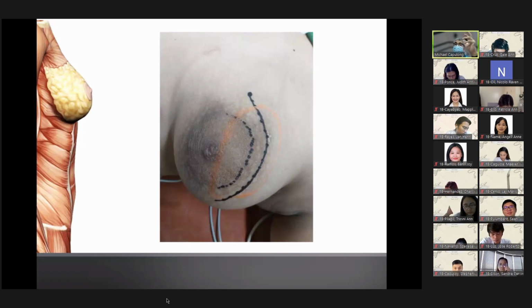And the glandular tissue is responsible for producing milk during near term pregnancy, and is also responsible for that feeling of fullness whenever you have your monthly period. And likewise it is the source of the tumors in the breast.